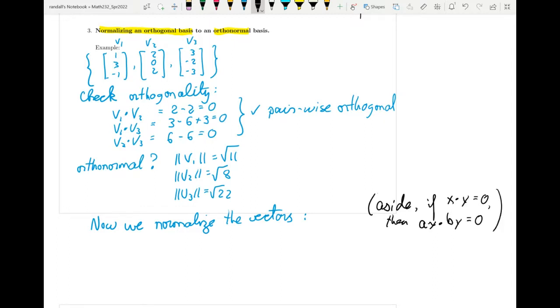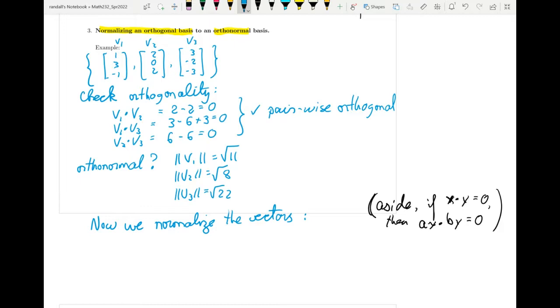So if I have two vectors that are orthogonal, the x and the y here, scalar multiples of those vectors will also be orthogonal. So that's why I'm not concerned here. When I normalize these vectors, I'm going to multiply them by a certain scalar. I'm not concerned that that's going to ruin their pairwise orthogonality. They will still remain pairwise orthogonal, and you can check at the end that they are.